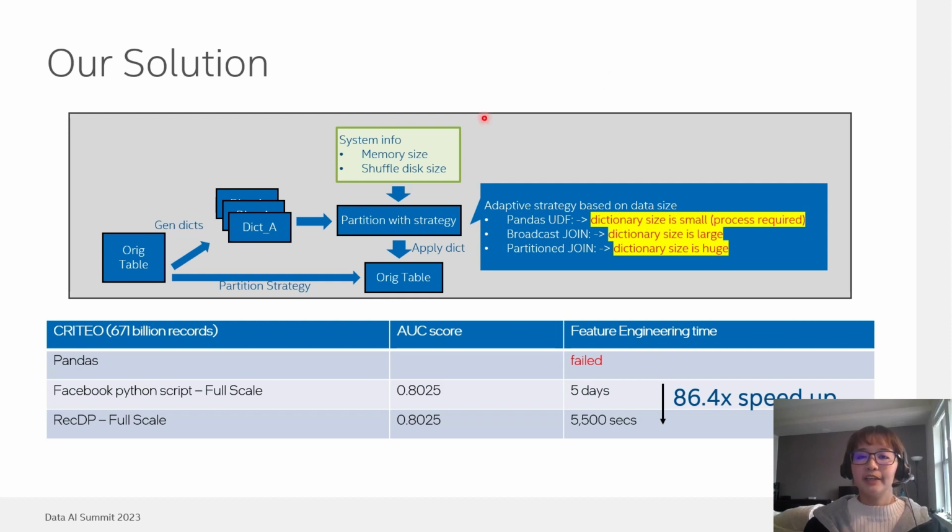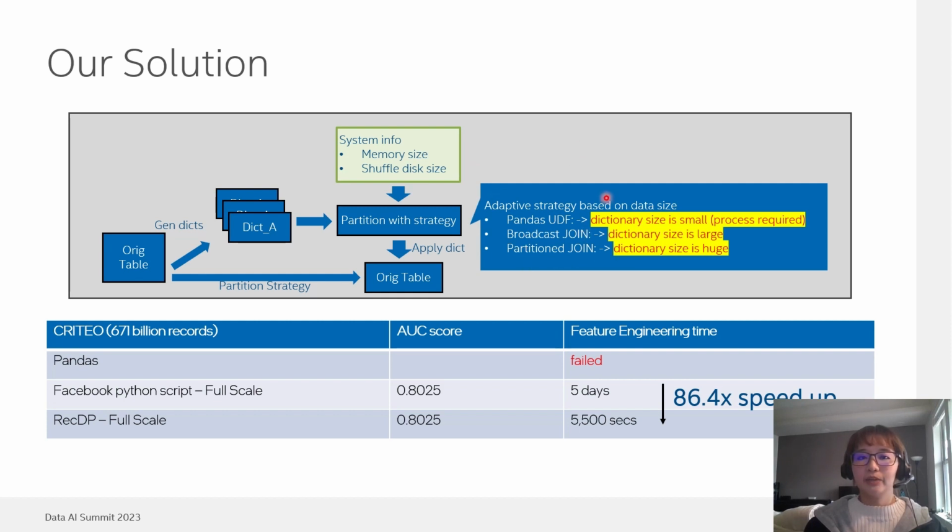Be aware that we can categorify multiple features at once because Spark has a whole-stage codegen mechanism, so we can combine different work and process it at once. For columns whose dictionary is too large, we fall back to partitioning join.